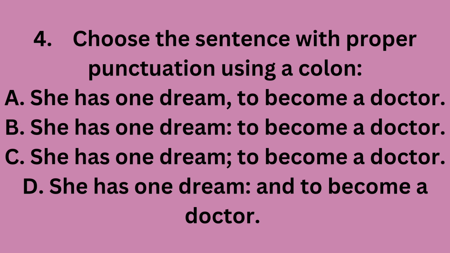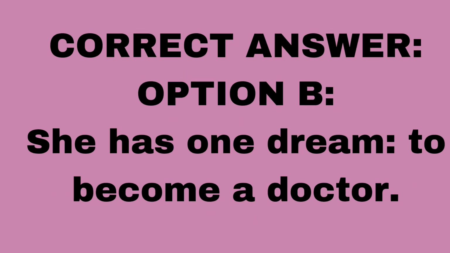You are to pick the sentence with proper punctuation using a colon. The correct answer to that question is in option B. She has one dream: to become a doctor. Remember, we explained that when you want to use a colon, you must be able to clearly explain the independent clause that comes after the first clause.